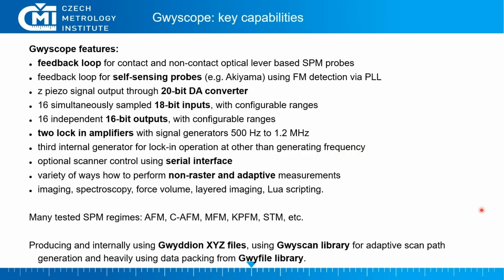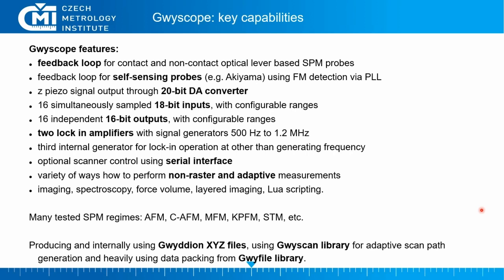The main features were already mentioned a bit in the previous talk. It's definitely the feedback loop for the SPM operation, including the standard probes using the optical pickup, or the self-sensing probes like Akiyama probes that are using the FM detection via phase lock loop. It has the 20-bit DA converters for running the scanners, which is especially important in the Z direction, because in the Z direction you usually need to have really very high resolution.